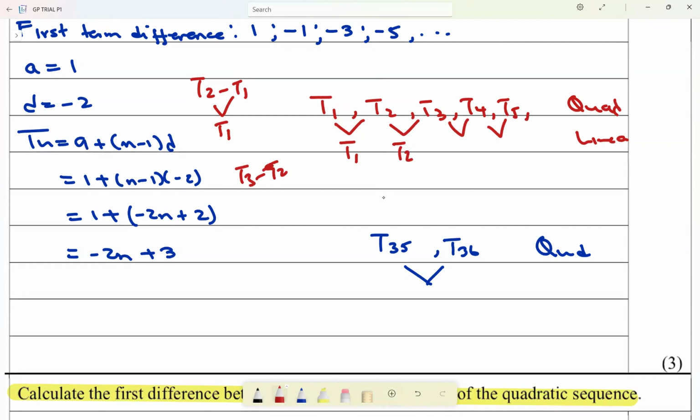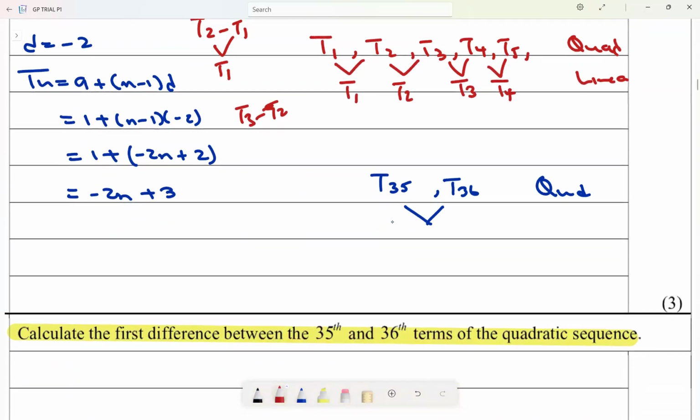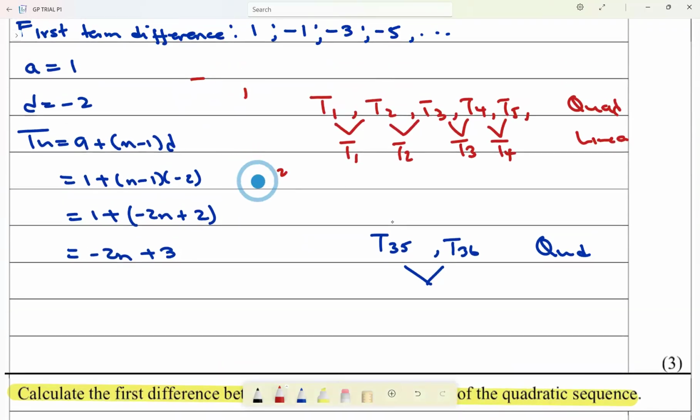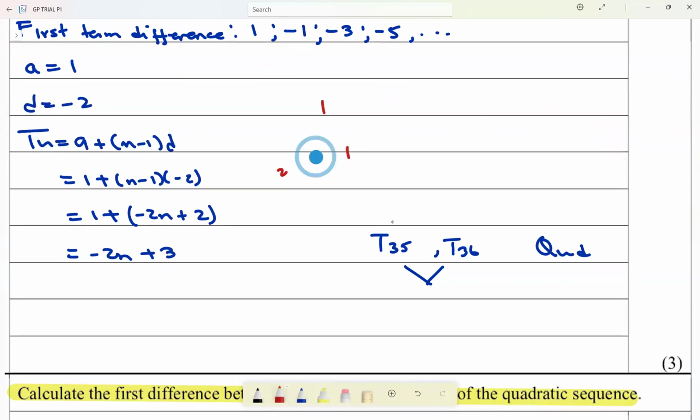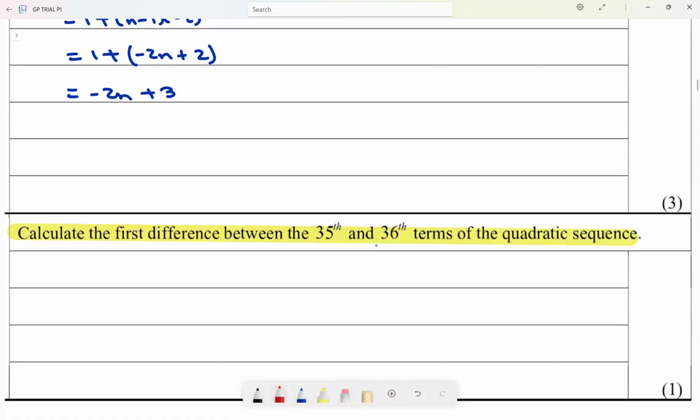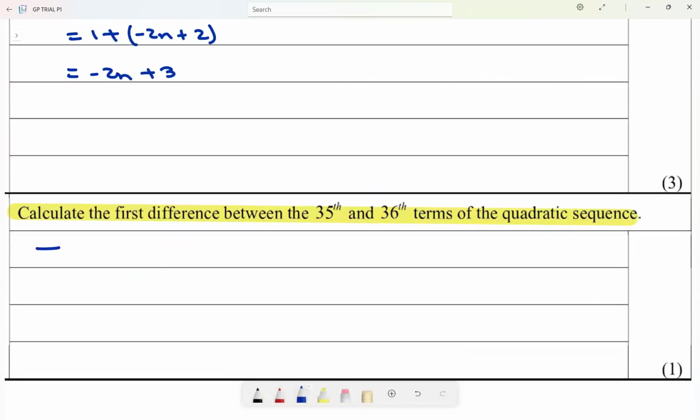So whatever the difference between the numbers, Tn minus Tn minus 1, it forms the term of the linear pattern with the lesser index. It means the difference between T35 and T36 of the quadratic number pattern is going to form T35 of the linear pattern.